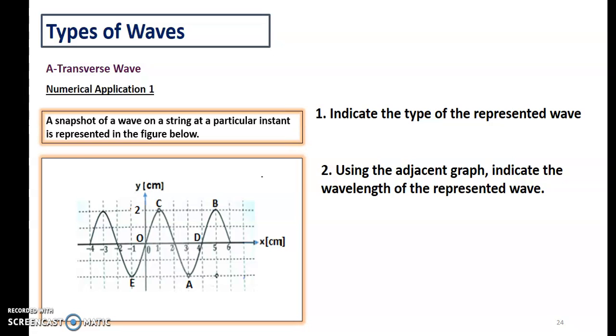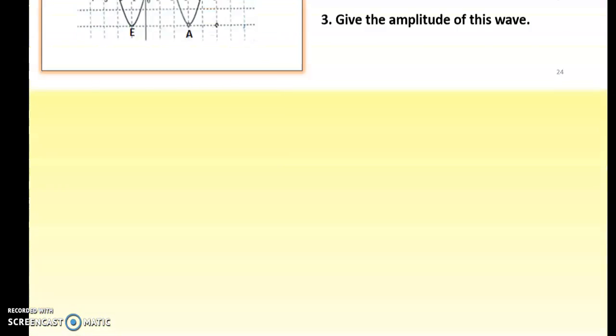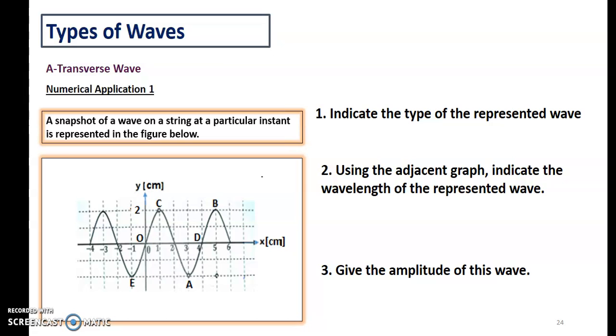Using the adjacent graph, indicate the wavelength of the represented wave. So the type of the wave represented here is the transverse wave. Why? Because the particles of the medium vibrate perpendicular to the direction of propagation of the wave.